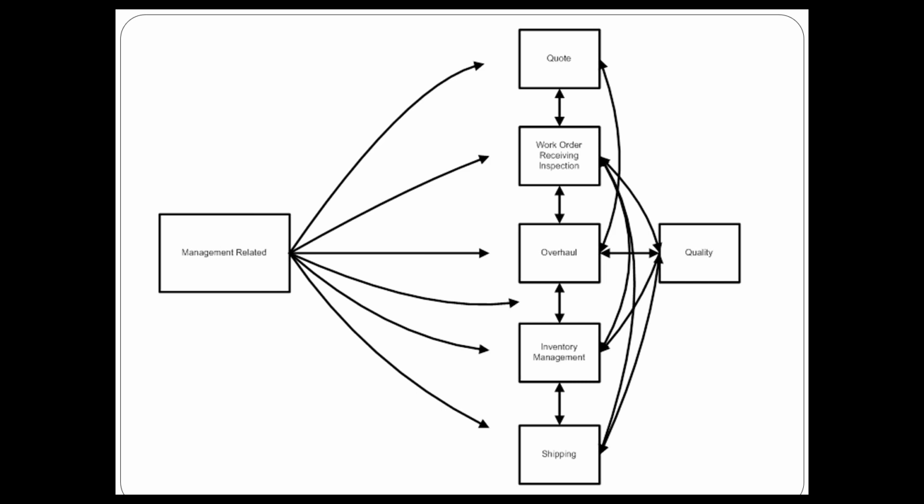Clearly, this is their intent that this is going to be the support processes. And you'll also note the cross linkages. You'll note that quote interfaces with work order, receiving, inspection, and overhaul, but really no other activities. So that's kind of the key takeaway from how these interactions have been mapped out.